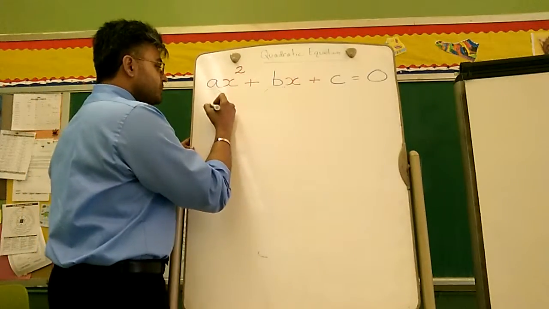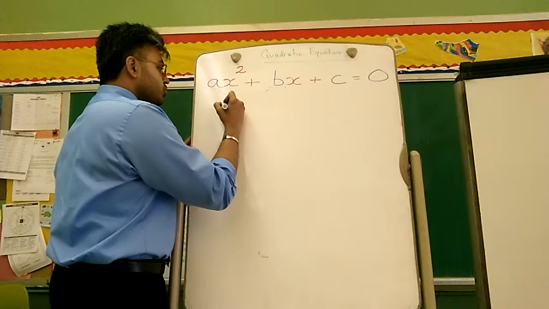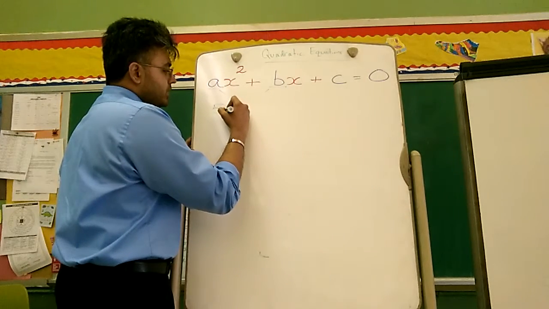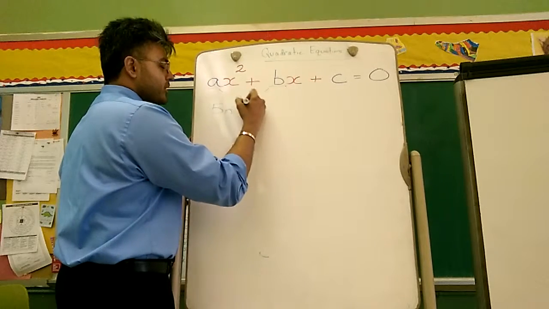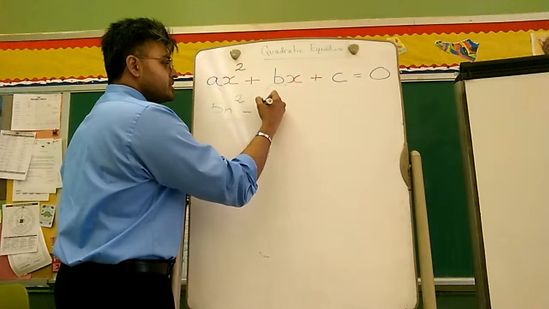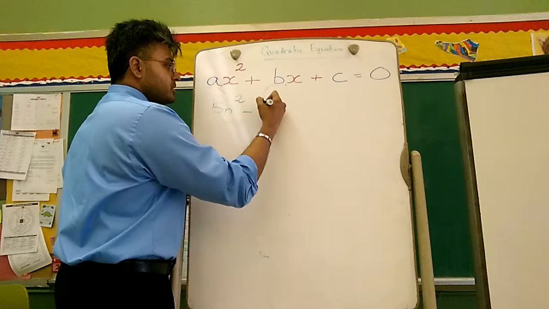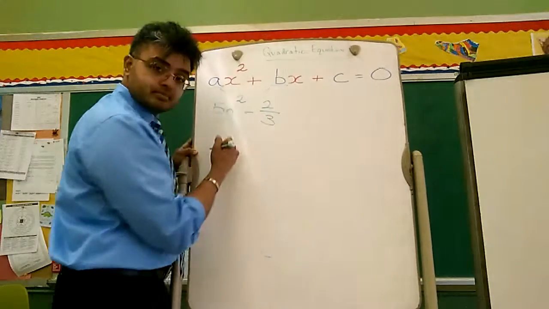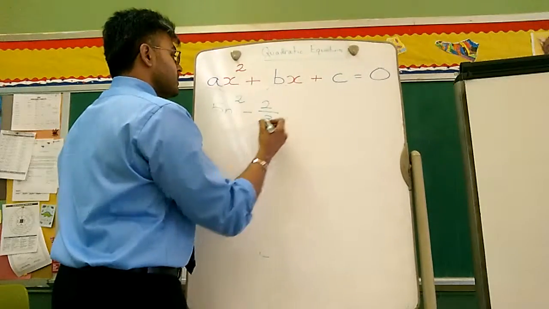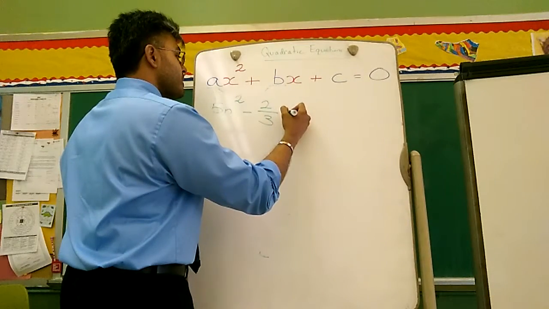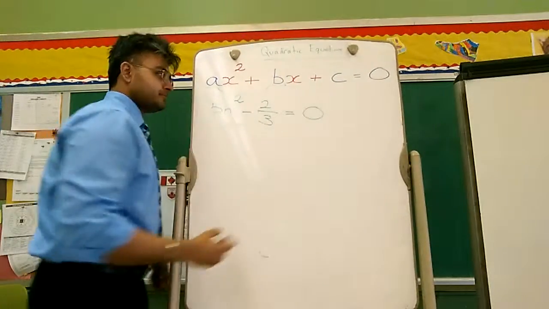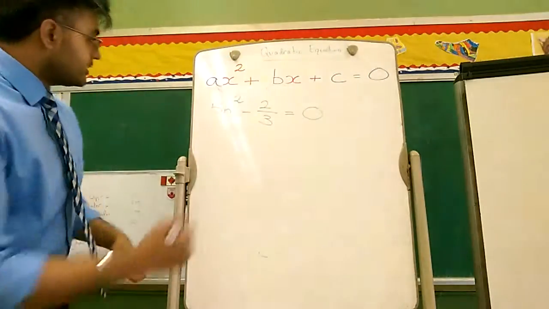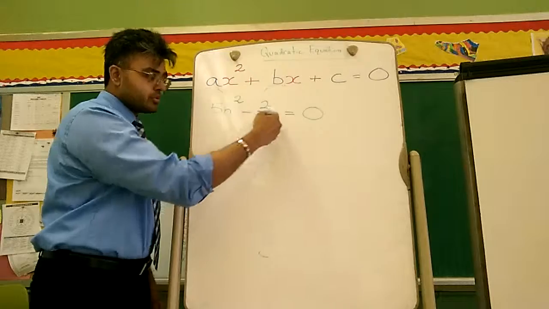You could get a problem that looks like 5n squared minus 2 over 3 equals 0.